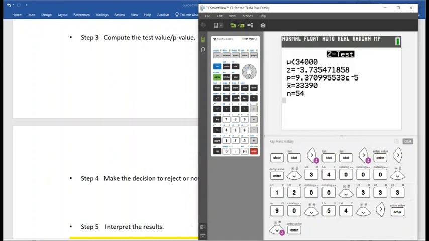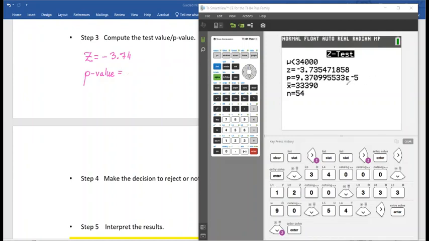At the next step, we are writing down the information we obtained using the calculator. Keep in mind, Z is the test value or the test statistic, and you can find that using the formula. However, we found this by running the Z-test, and I'll round it to 2 decimal places. Now, P, I will just simply say the p-value is, and make sure you do not make the mistake of writing down 9.4.